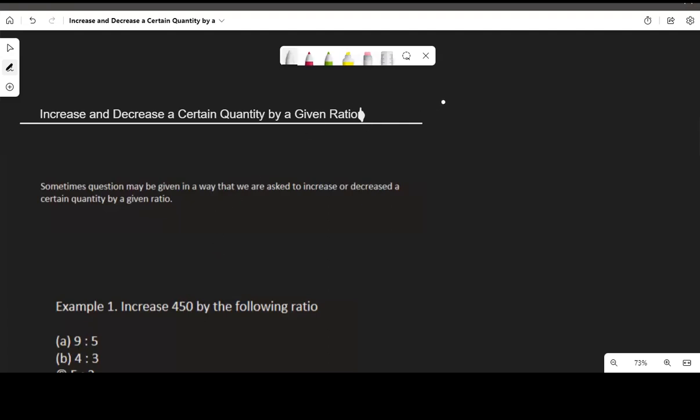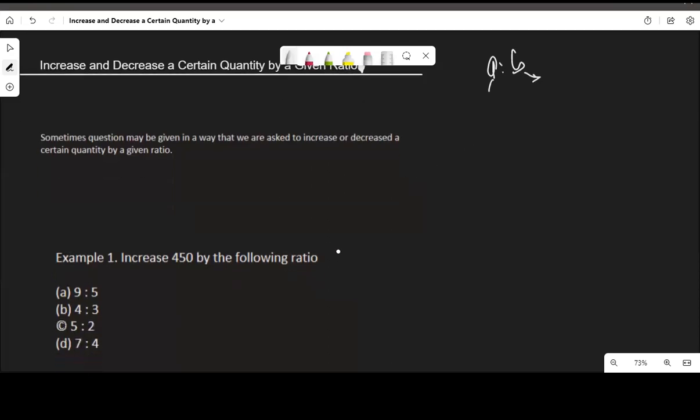And when increasing a quantity by a given ratio, for example A to B, the value of A is usually bigger than the value of B. On the other hand, if you are to decrease, the value of B is usually bigger than the value of A. So, for example, I have example 1 here.